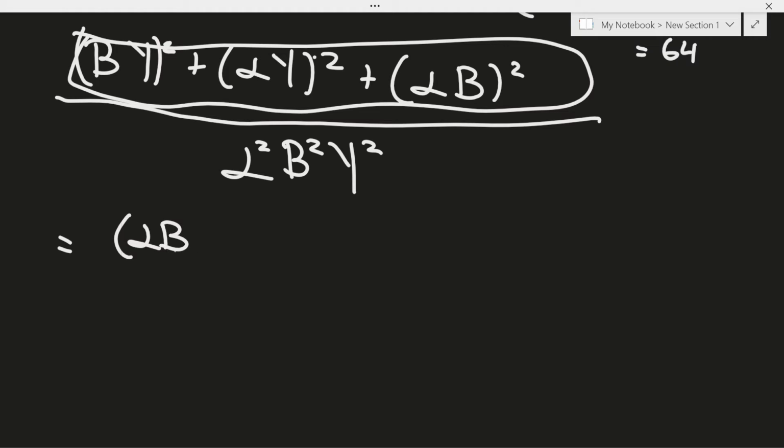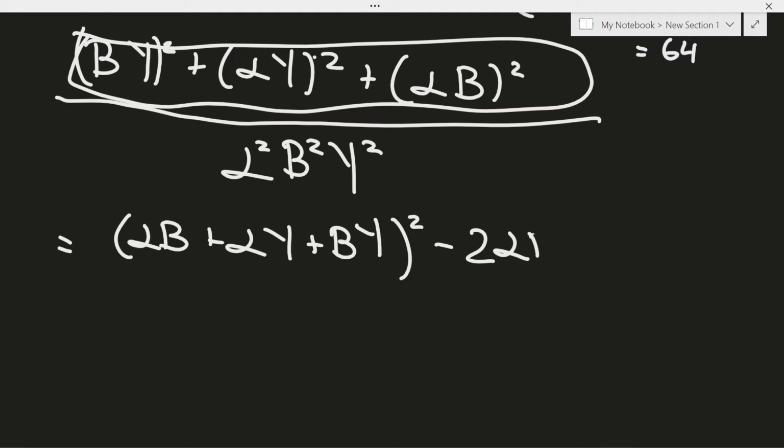alpha beta plus alpha gamma plus beta gamma all squared minus 2 times the product of the roots, which is alpha beta gamma, times the sum of the roots, which is alpha plus beta plus gamma. Quite a beefy formula.